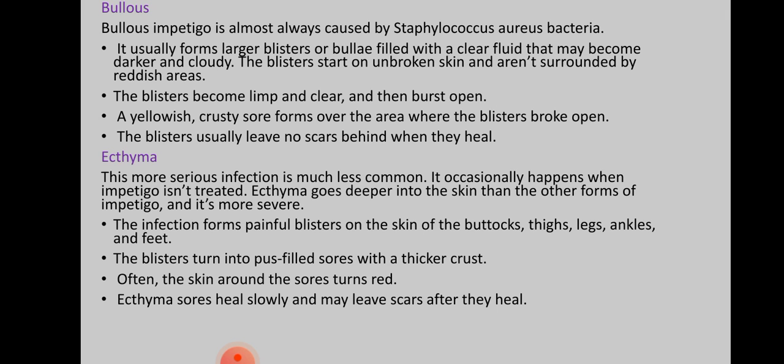The infection forms painful blisters on the skin of the buttocks, thighs, legs, ankles, and feet. The blisters turn into pus-filled sores with a thicker crust, and often the skin around the sores turns red. The ecthyma sores heal slowly and will leave a scar after they heal.